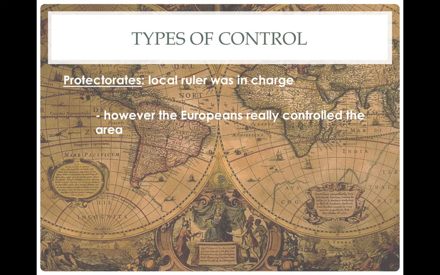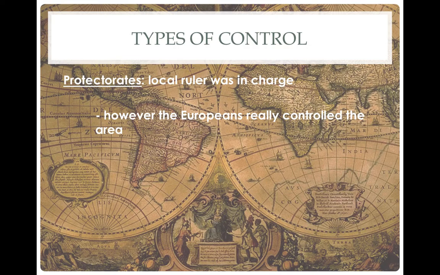So in exchange for our protection, they had to listen to what we had to say for foreign policy, and they had to trade resources with us. There are different examples with Europe and Great Britain and stuff like that, but I think the best example and visual I can give you is America and Cuba. Puerto Rico was also a protectorate of the United States for quite some time.